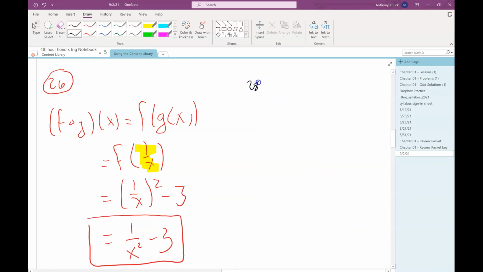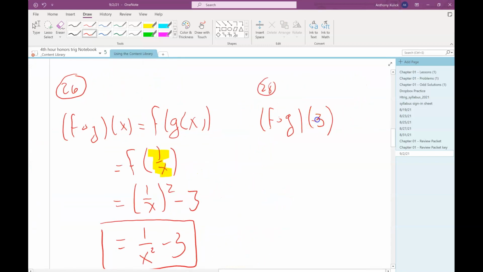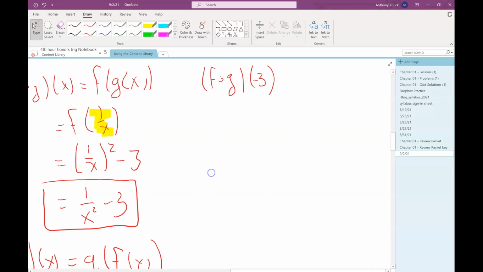So 28 is asking us for F compose G of negative 3, okay. So one thing I could do, well, I know what F compose G is, right? We already answered it here.